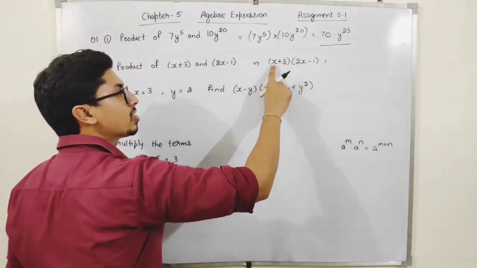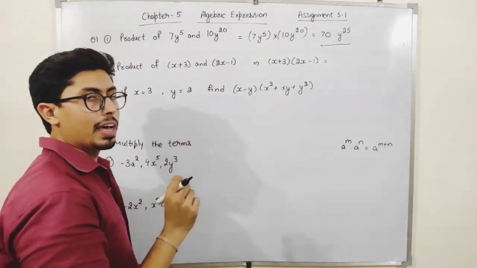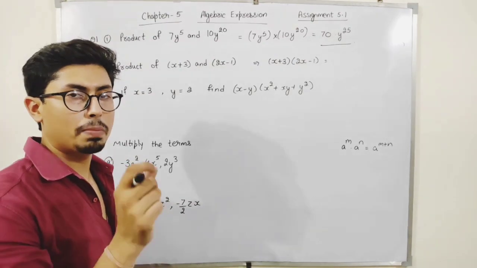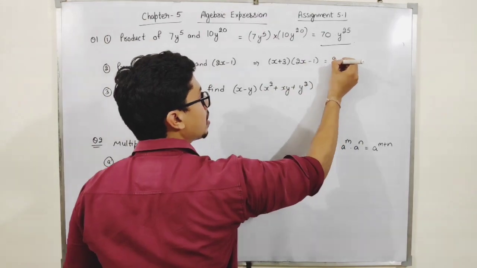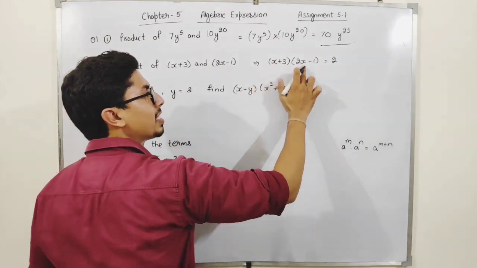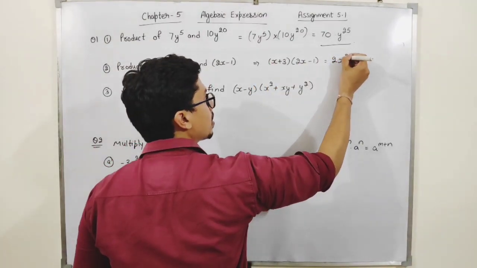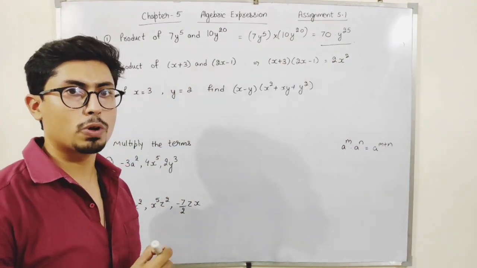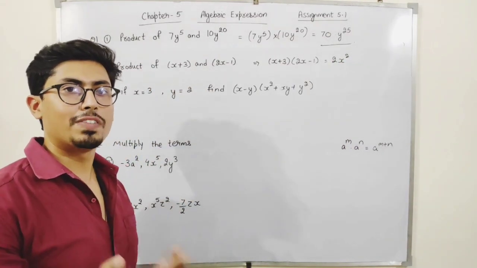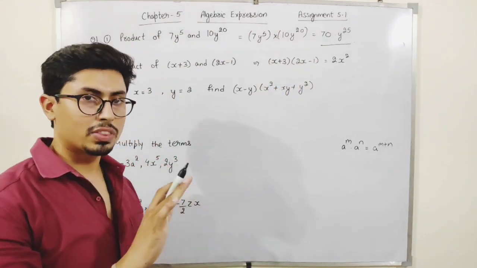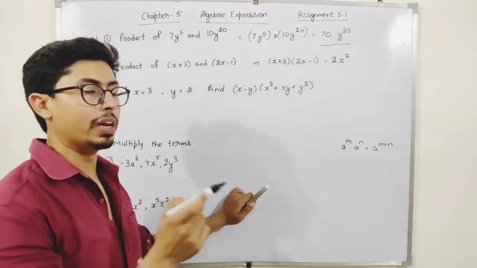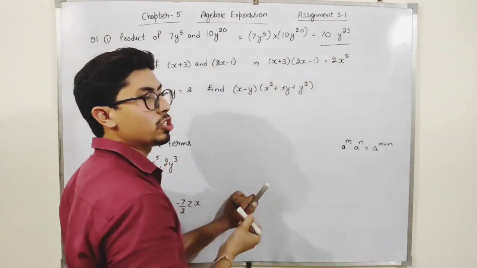Now, I have to multiply variable by variable and number by number. See, no number is here, so 2 will be as it is. 2x into x will be 2x square. x into x will be x square because they are in multiplication, so the powers will be added. See, the power is 1 because nothing is written in the power, so 1 plus 1 will be x raised to the power 2.